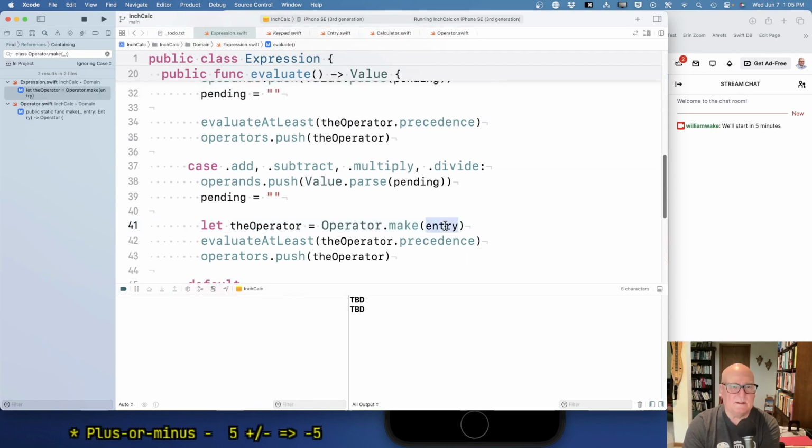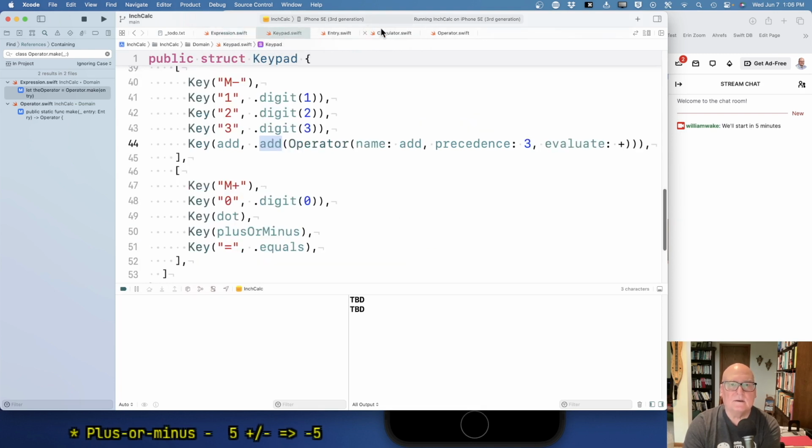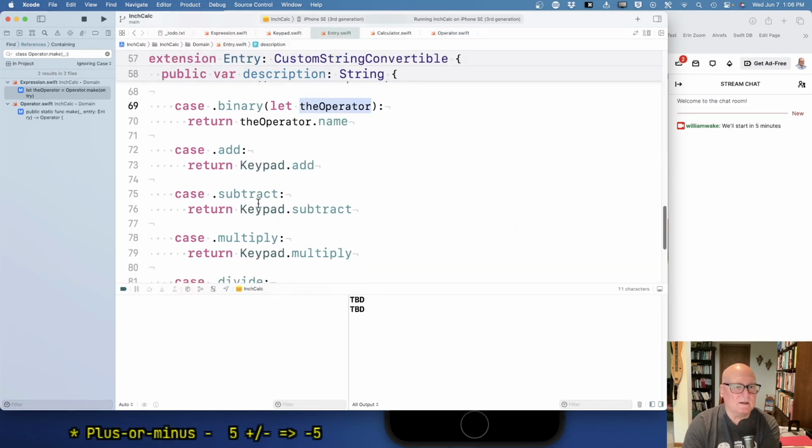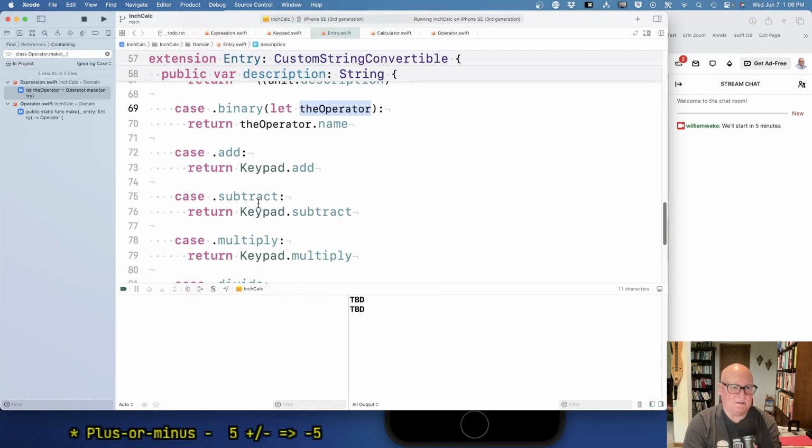Entry. Okay, now the entry, oops, operator. This one hard codes that, but really add in these guys, I think we've modified them to take, oh, we did not. Maybe I started to. So the question is, how do you get from the key add, which is the entry, into the actual operation, operator.